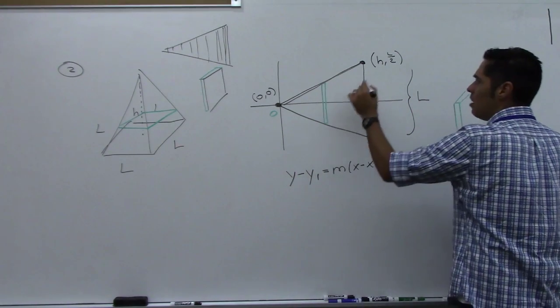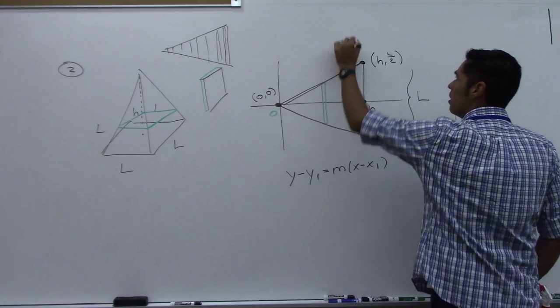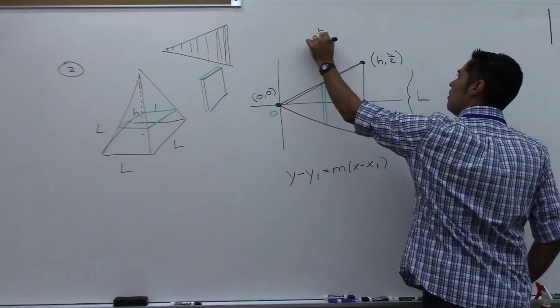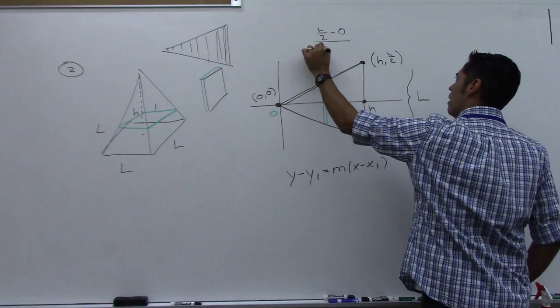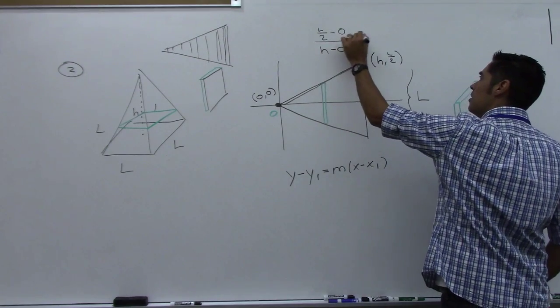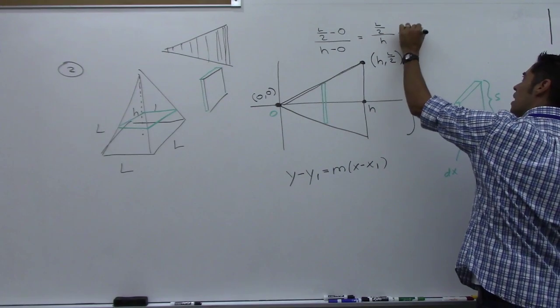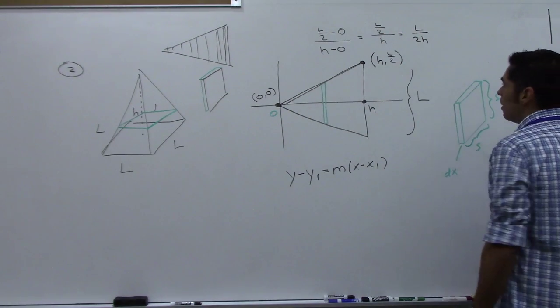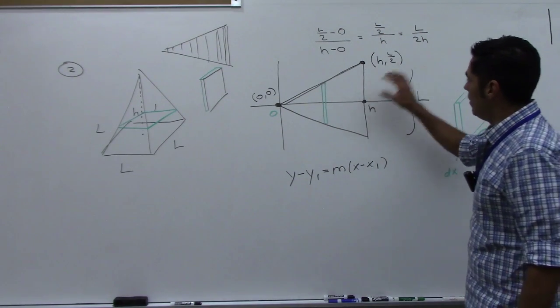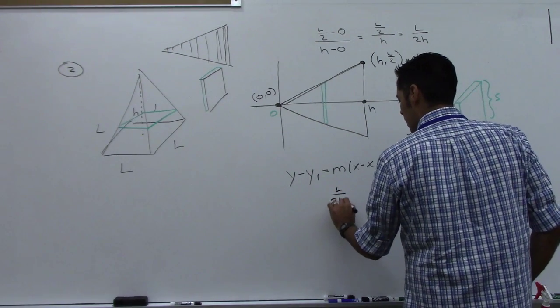The slope is y2 minus y1 over x2 minus x1, so it's L over 2 over h, which is the same as L over 2h. That's the slope of this line.